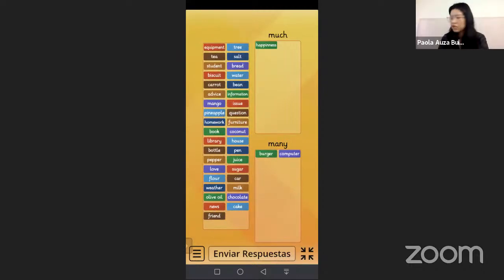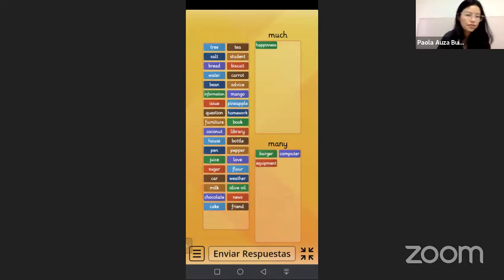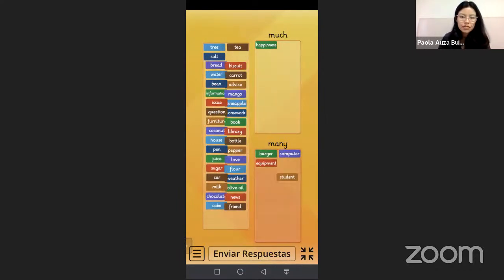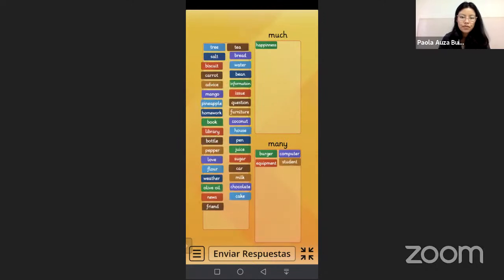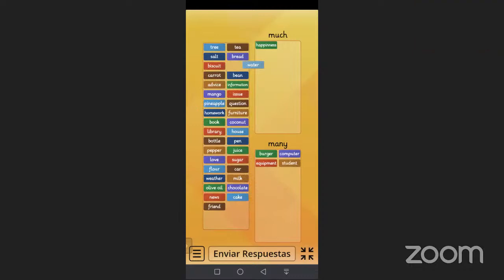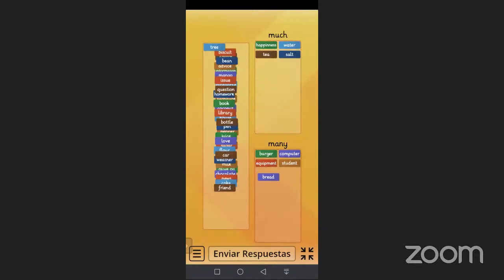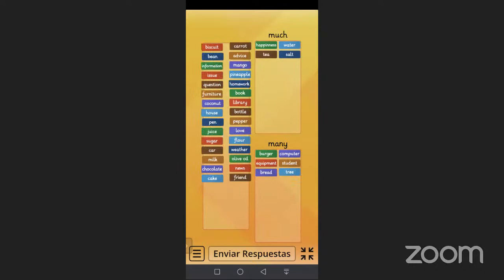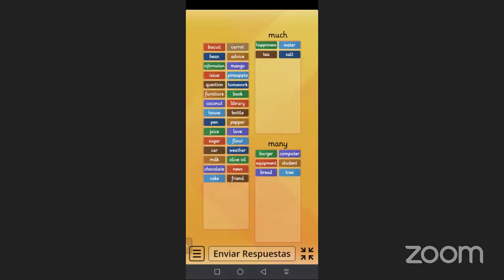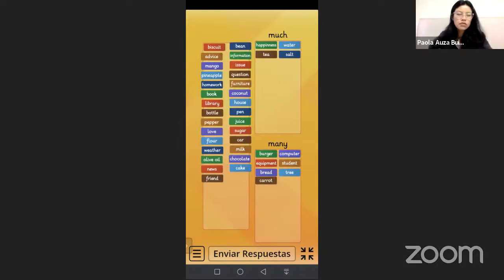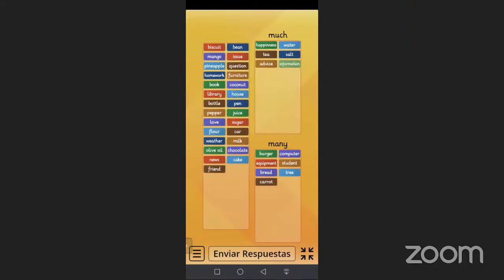Things that you cannot count. And many for countable things. If there's any word that you don't know, please let me know so we can explain a little bit.